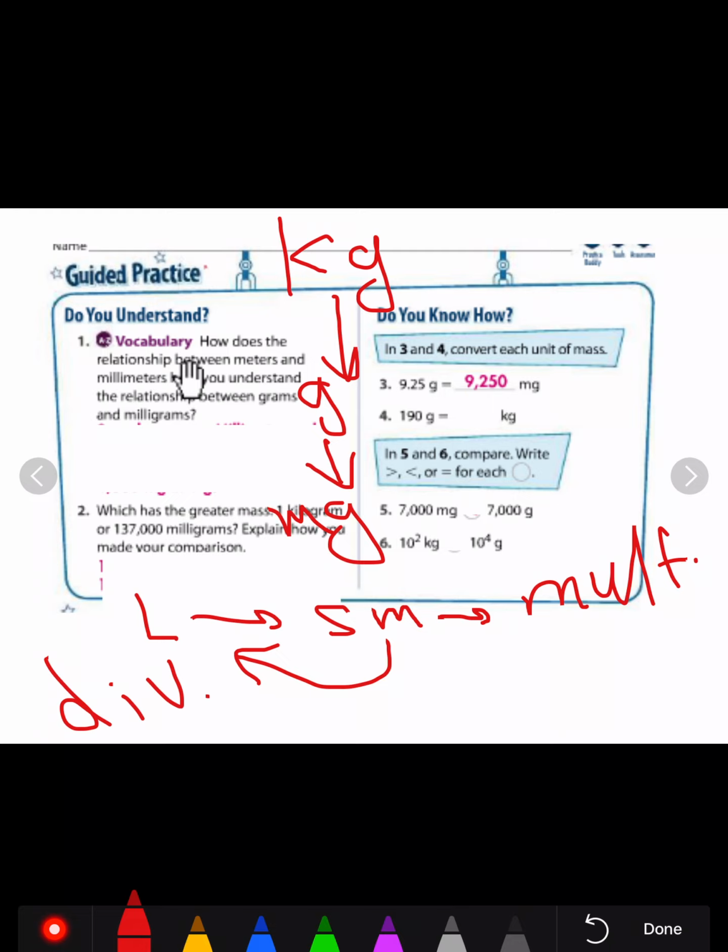Now I will take, for example, number 6. We are comparing, but before I go to this question, let me go to question number 3. 9.25 grams. We want to change it to milligrams.